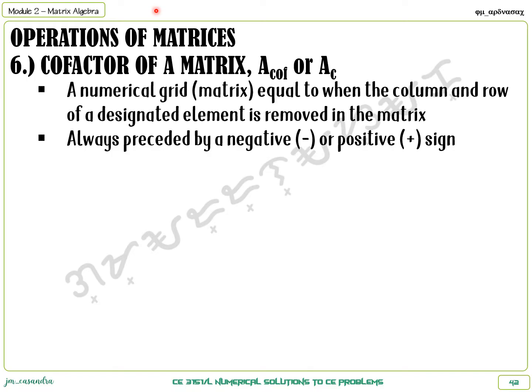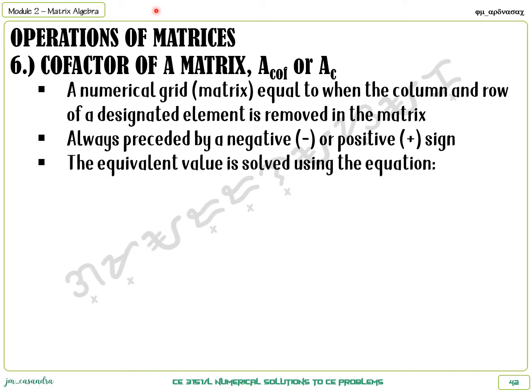The value of the cofactor is always preceded by a negative or a positive sign, which is solved using the equation: A sub c of the element ij is equal to negative 1 raised to i plus j times M of the element.